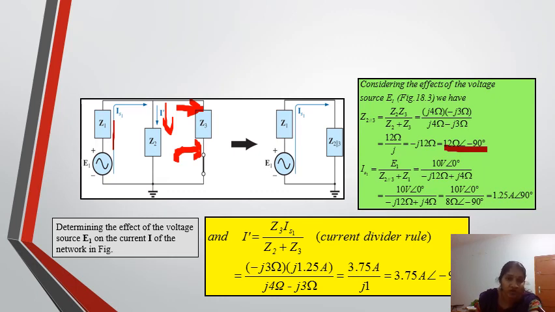So I dash is IS1 into Z3 divided by Z2 plus Z3. That is I dash, the current due to E1 through Z2.